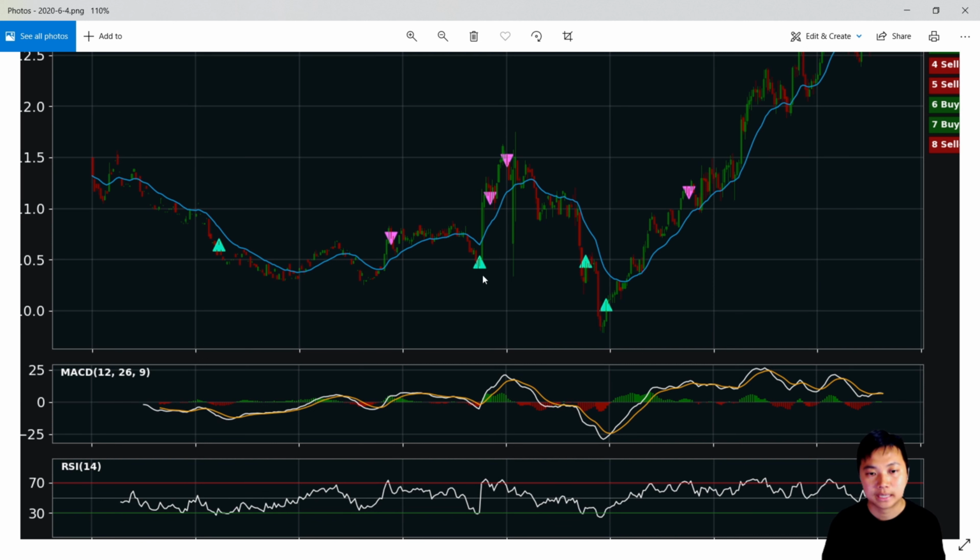That means there's a buying signal. In that case, we'll just buy the stock. And then over here, you can see that the RSI value has dropped from a value that is higher than 70 to a value that is less than 70. So that means it will trigger a selling signal. So these two will complete that trade.